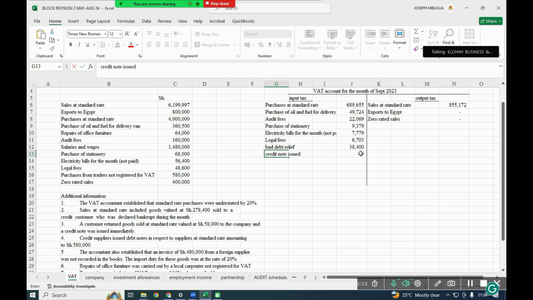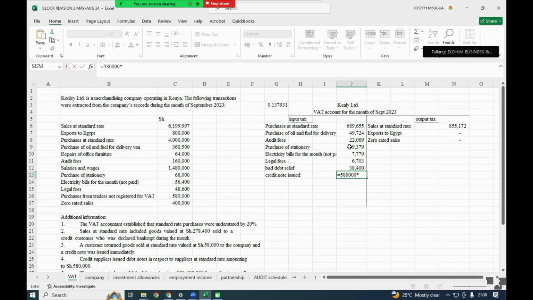And remember, you have an option of putting it on the credit, but you deduct it so that it reduces the sales directly. But this side again, it will reduce the sales because we are debiting that value.